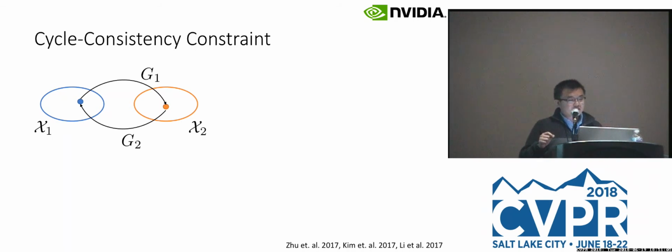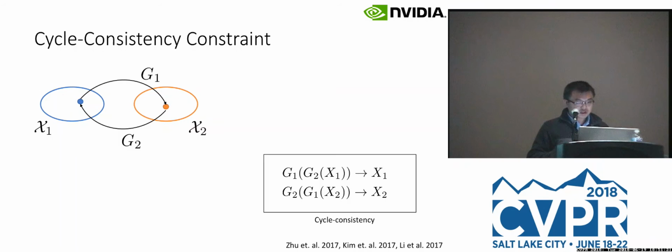Cycle consistency says that if you learn a function G1 that can map domain A to domain B and a function G2 that can map domain B to domain A, then when you apply them sequentially, you should be able to come back to your original location. So it's pretty much saying that when you apply these generation functions recursively, you'll go back to yourself.